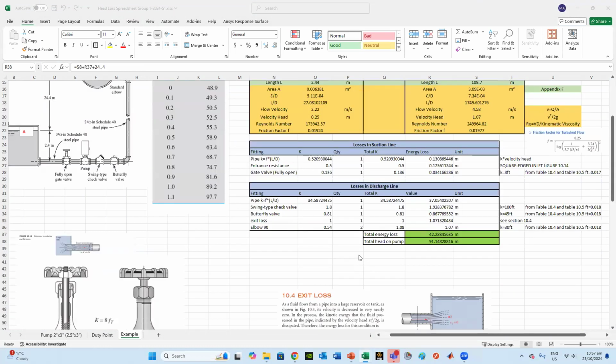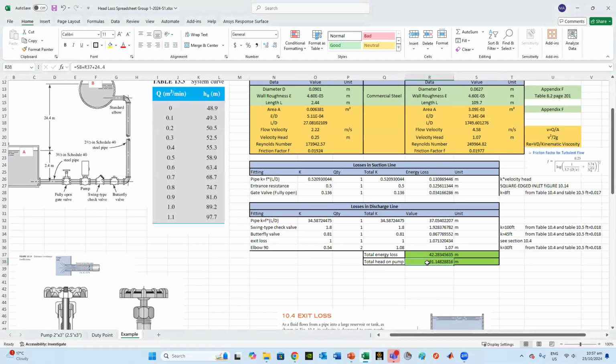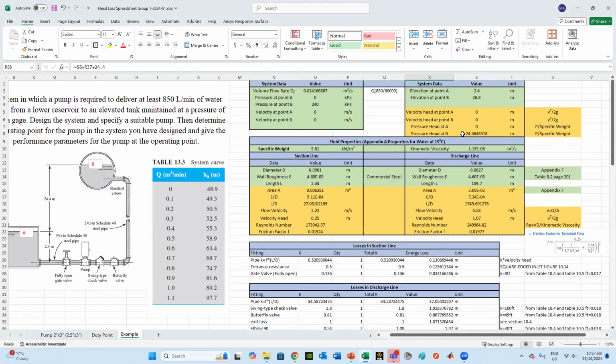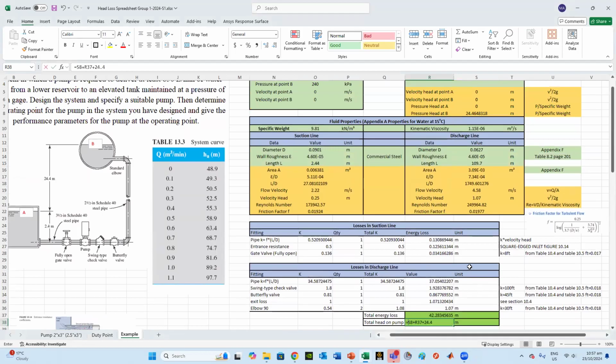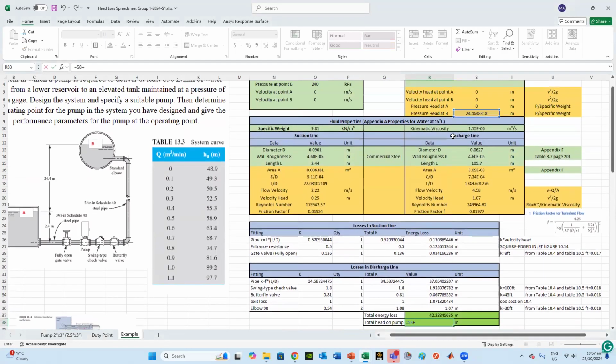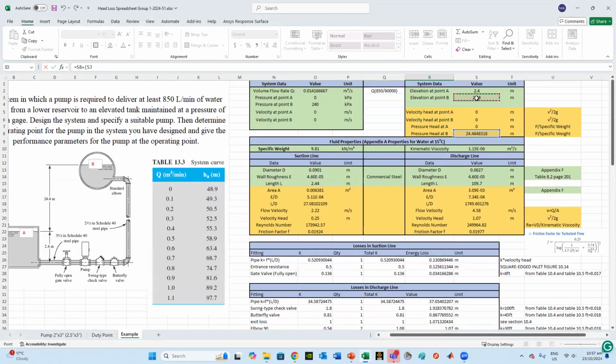All right, so to calculate the total head of the pump based on the general energy equation, the equation is telling us to calculate HA, rearranging the equation, which will be delta P, pressure head difference between B and A. Because A is 0, but B has a value, I'll show you the equation. It will be 24, that's the pressure at B, plus the elevation difference, which is delta Z. So plus delta Z, which will be elevation, this value minus this value.